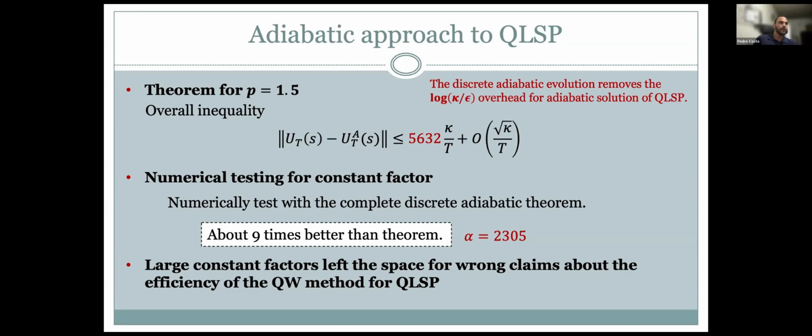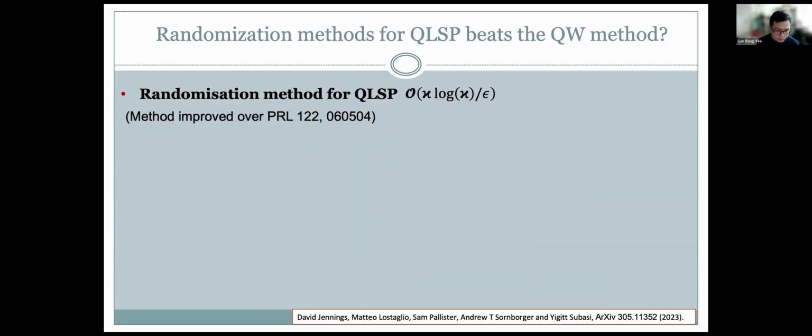Okay, yeah, thanks. So then let's talk about the randomization method for the quantum linear system problem. This is the quantum walk method? So then we have the randomization method for the quantum problem.